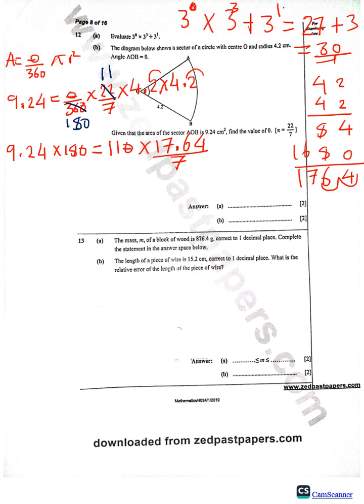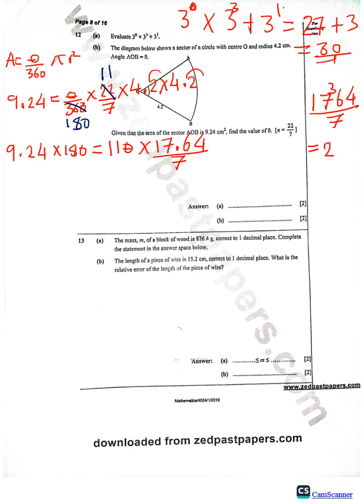Okay, for the sake of space, let me get rid of this. So what I'm going to do now is divide 17.64 by 7, but I'll ignore the decimal. 7 into 17 is 2, remainder 3. 7 into 36 is 5, remainder 1. 7 into 14 is 2.